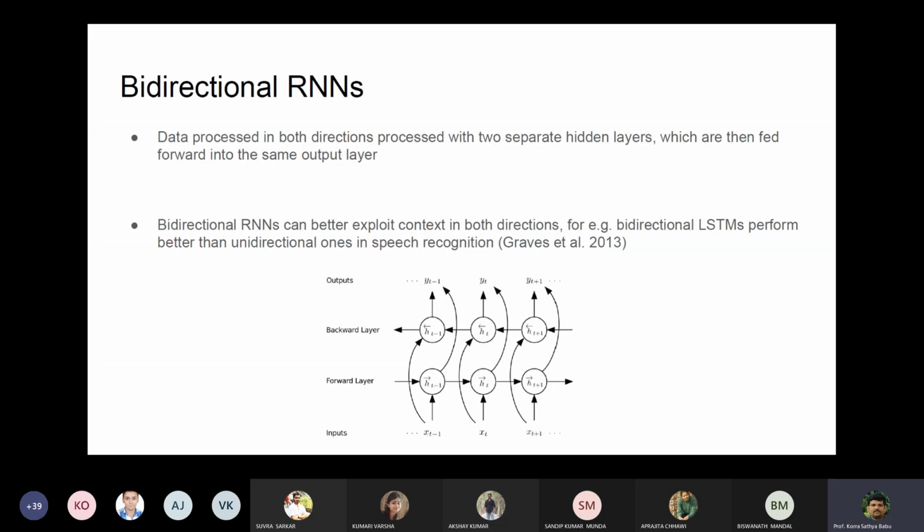I take a set of sentences, and going forward I see what is the best word, and from backward, given this word, I can find out whether these are the best context words. Combining both results, we can give the output, the best word or any other word that is available. So bidirectional RNNs can be used to give the best word.